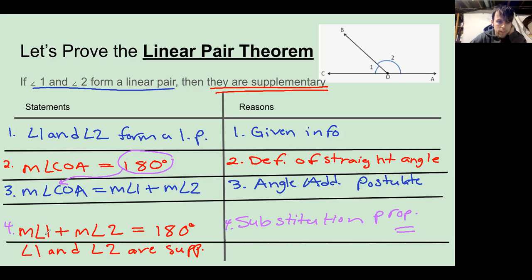And then, since the two angles add to 180, I know that they have to be supplementary because that is the definition of supplementary angles. Our textbook uses this abbreviation for angles a lot, a little angle with an S on it. So I'm just going to use it here, angle, S, angles.